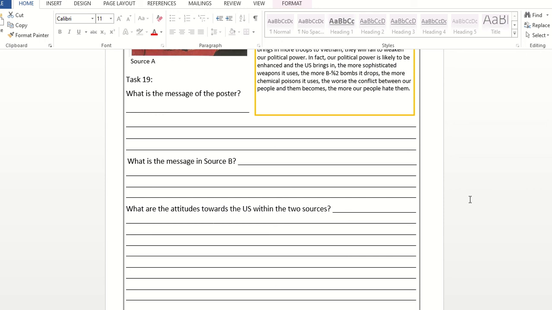Where does the source come from? That might give you a clue as to what it thinks about the US. Second of all, what is the purpose of each source? What is each source trying to do? Is it trying to persuade you of a particular opinion? What is it trying to do?